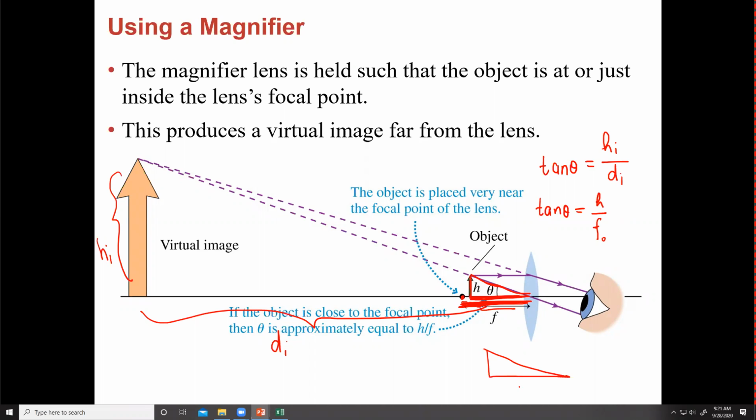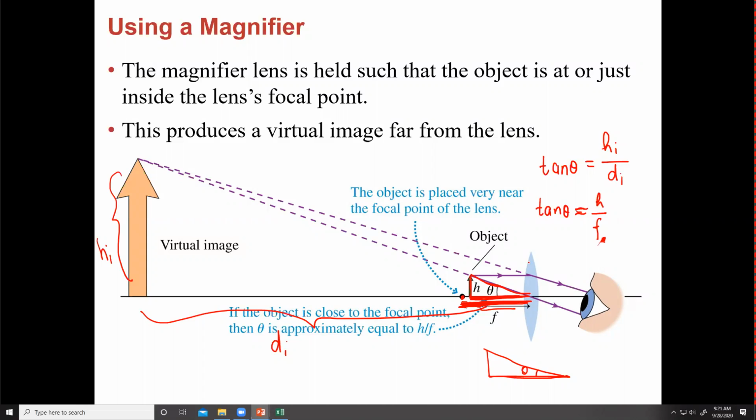So that's the adjacent, F naught. We should write this approximately, okay? We are just assuming that this distance is F naught. Or in this case, you can just write F, you don't need to write F naught.